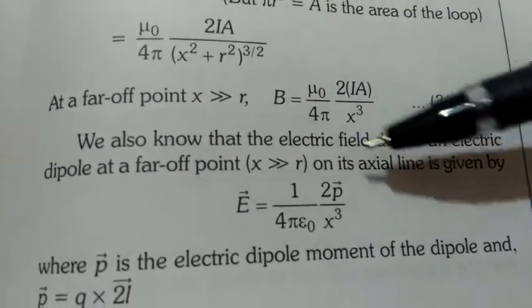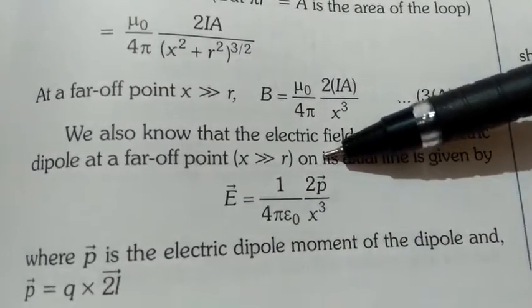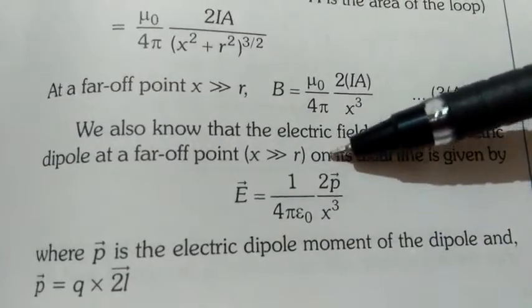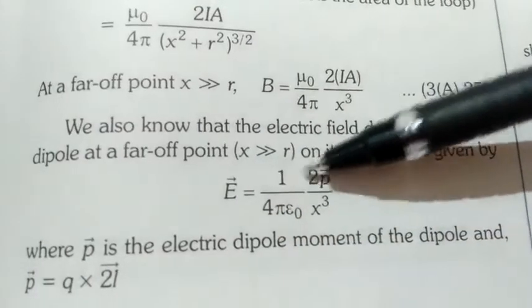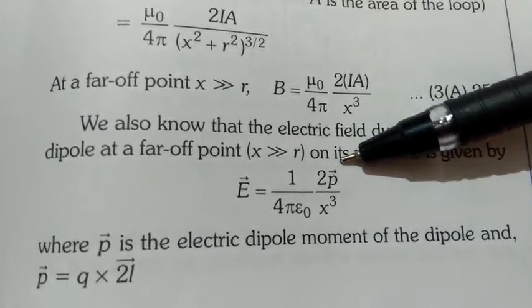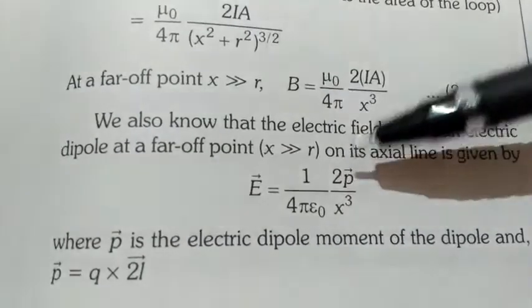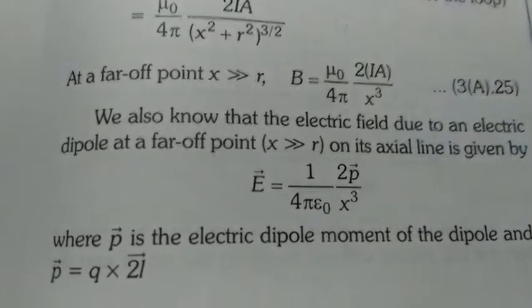Now for the same circular loop we have this electric field as well. In this formula, P is the electric dipole moment of the dipole, and the value of P is Q into 2L.